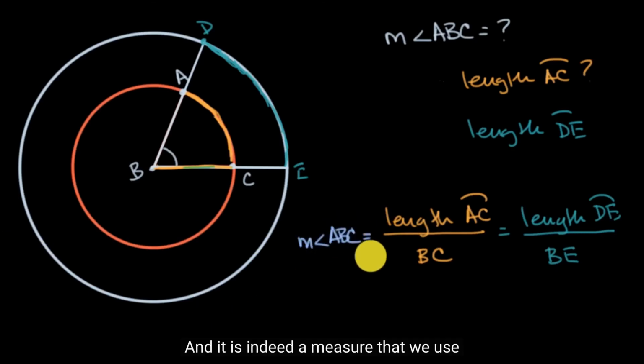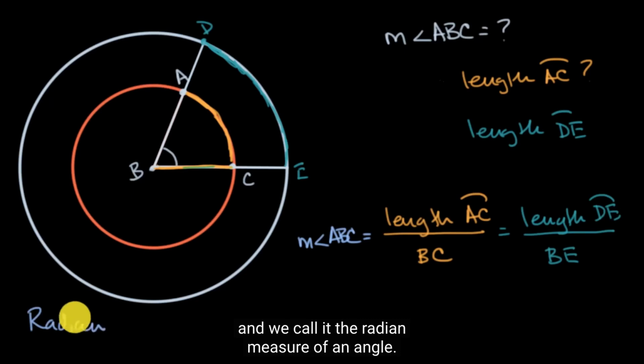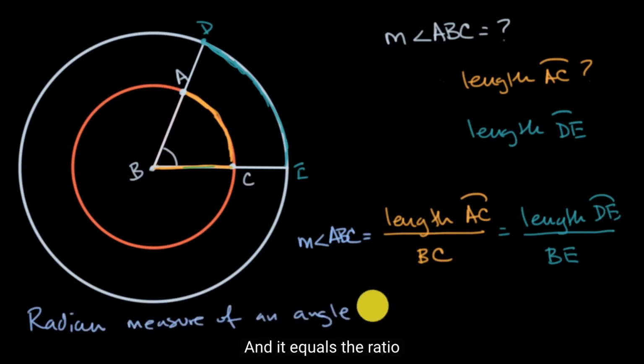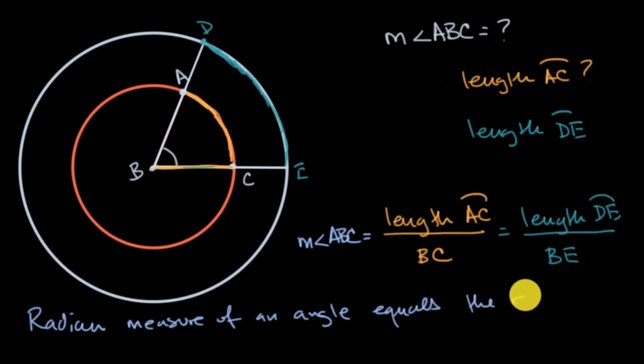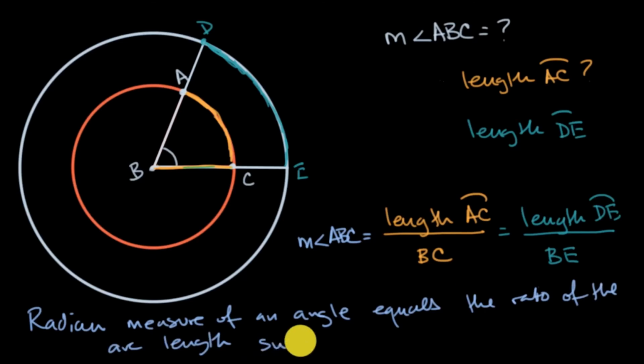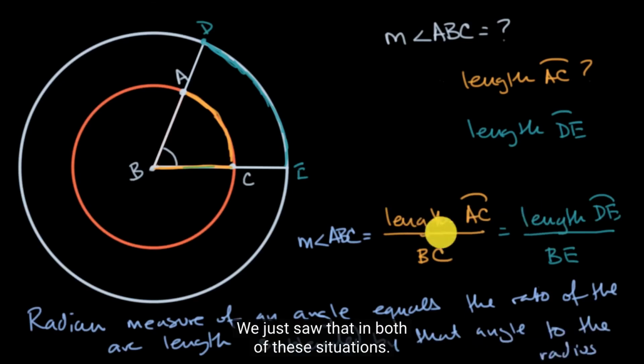And it is indeed a measure that we use in geometry and trigonometry and throughout mathematics. And we call it the radian measure of an angle. It equals the ratio of the arc length subtended by that angle to the radius. We just saw that in both of these situations.